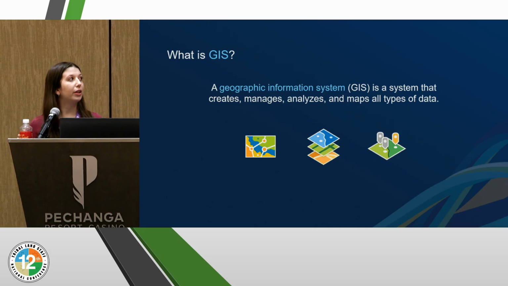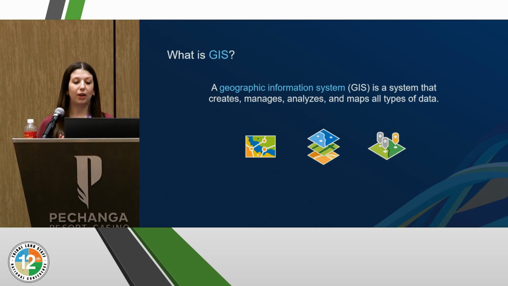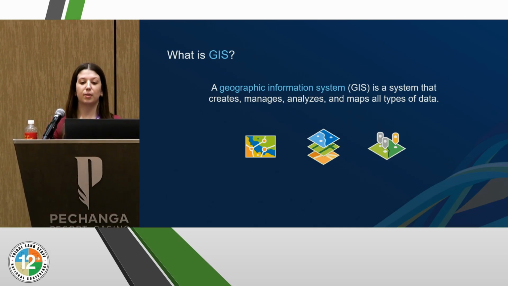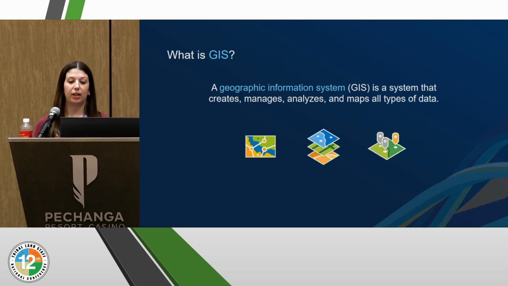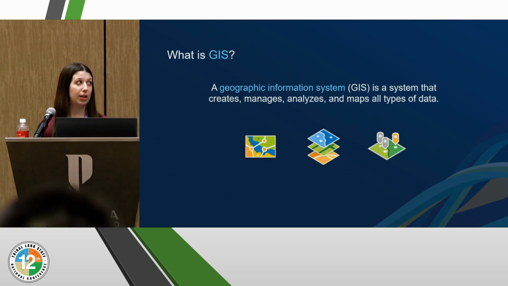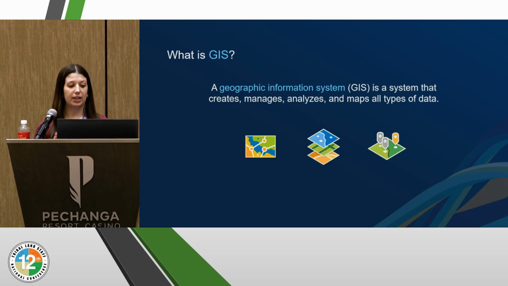To put it simply, GIS is Geographic Information System, and it's a system that creates, manages, analyzes, and maps all types of data. It connects data to a map and integrates location data, where things are, with descriptive information, so what things are like there.